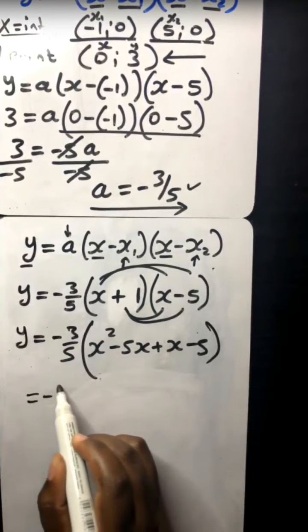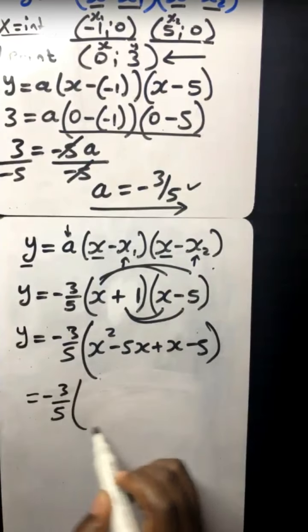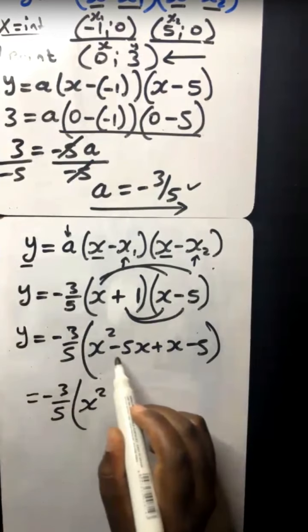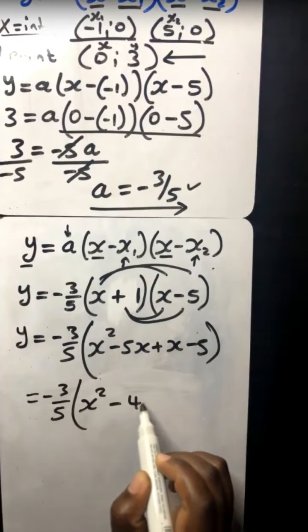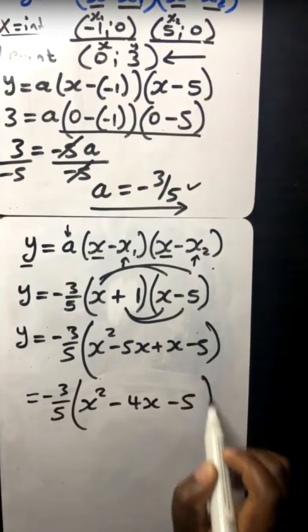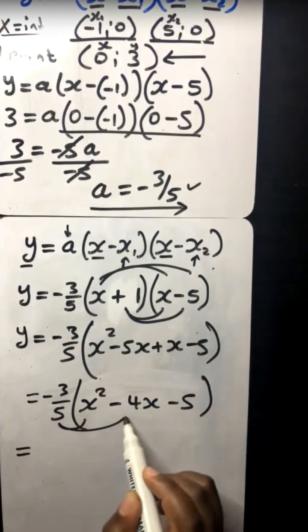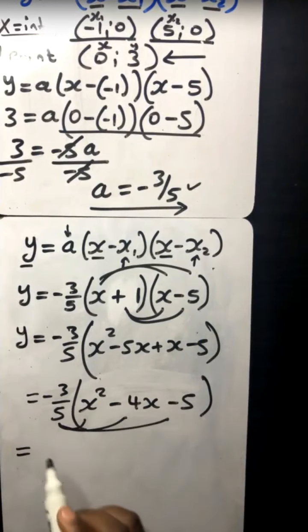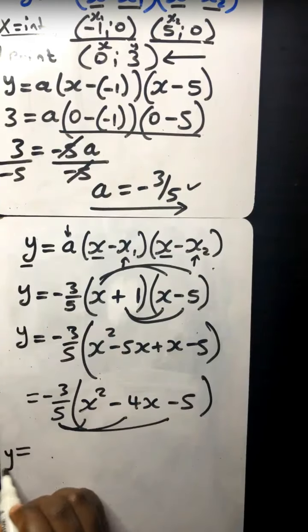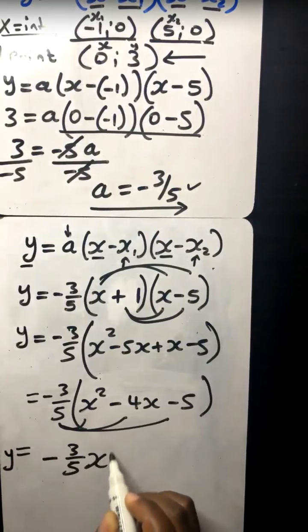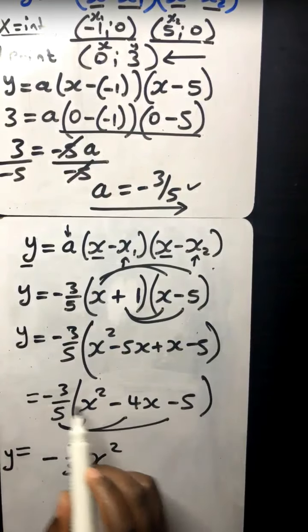Then you continue with the simplification and work out the like terms. So obviously you have -4x, then -5. Then you multiply by a. So you now have y equal to -3 over 5 x squared. Then what is that times that?